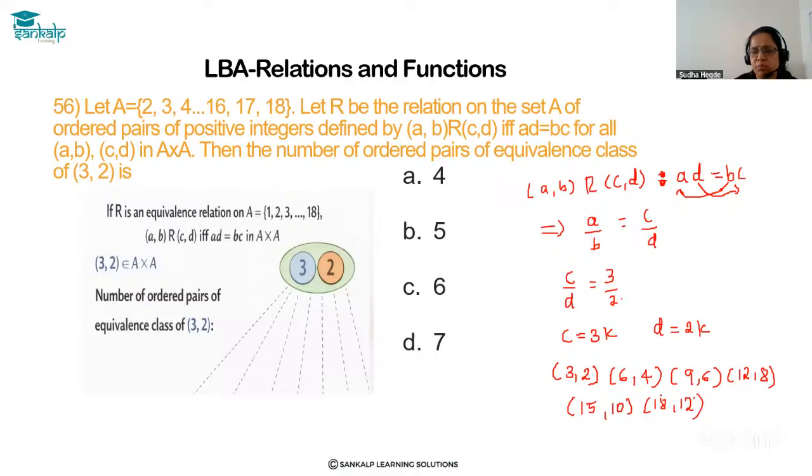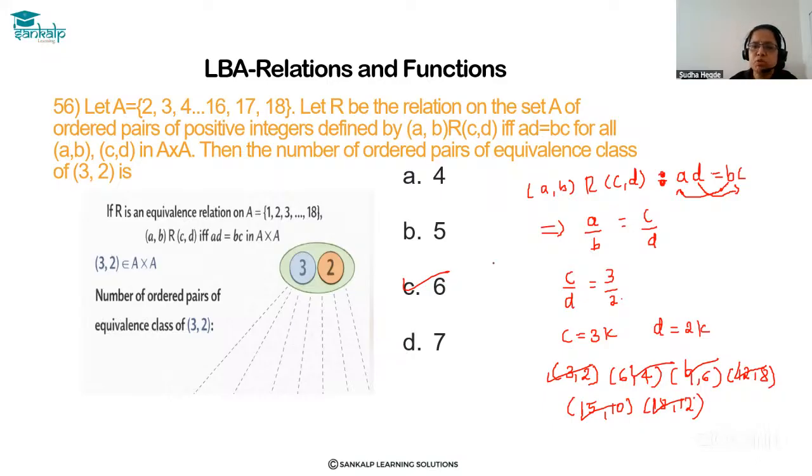The next pair is not possible because 3 into 7 is 21, which is not there in A. So how many pairs? 1, 2, 3, 4, 5, 6. There are 6 pairs. So the equivalence class of (3, 2) contains 6 ordered pairs. Therefore, option C is the correct answer.